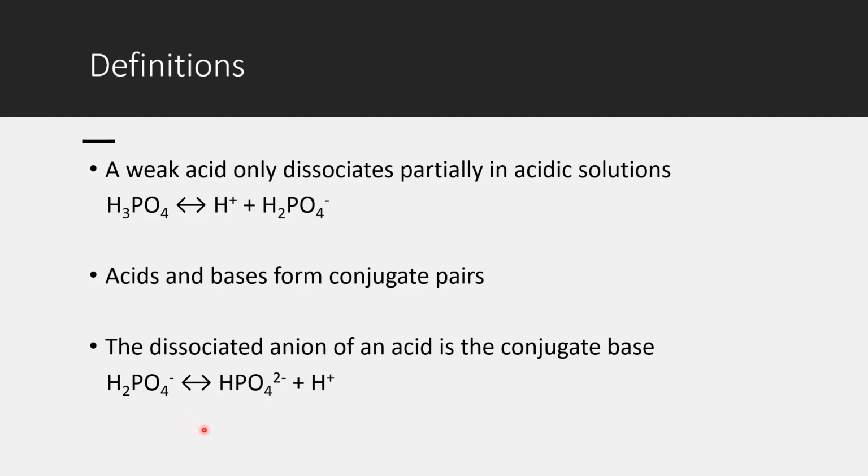In situations where you have a lot of acid, the acid will dissociate to produce HPO4 and a hydrogen ion, which will be released. And in a situation where you have a lot of hydrogen ion in solution, maybe an acidic situation, the conjugate base will mop up the excess hydrogen ion, moving the reaction backward, ensuring that the pH of the solution is maintained at a steady state.